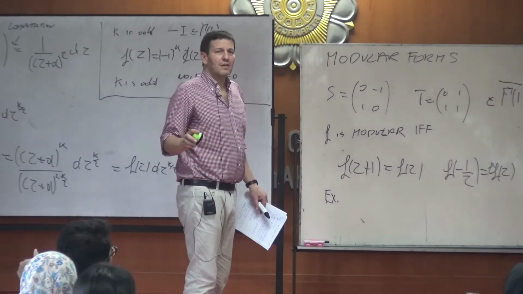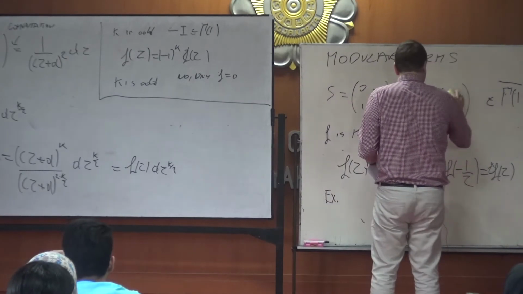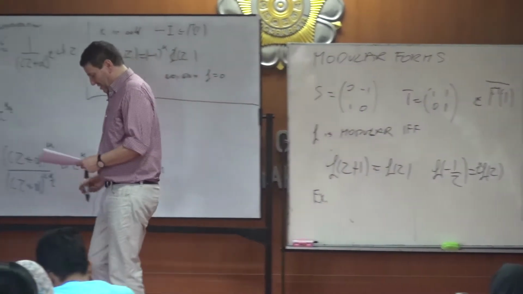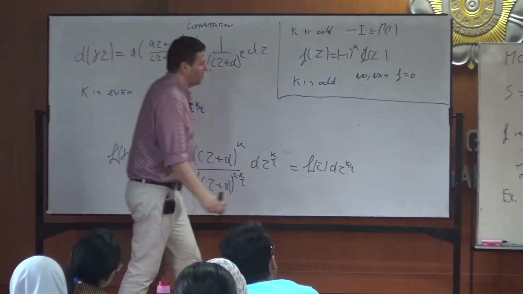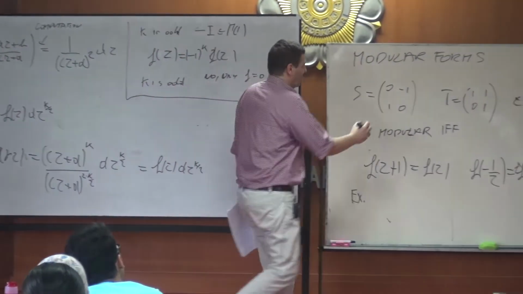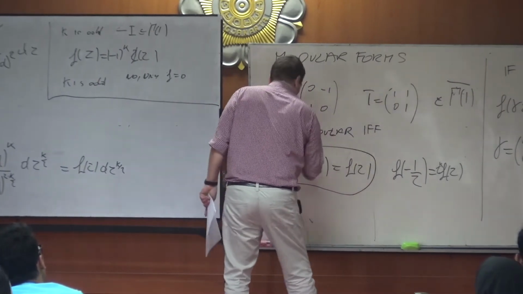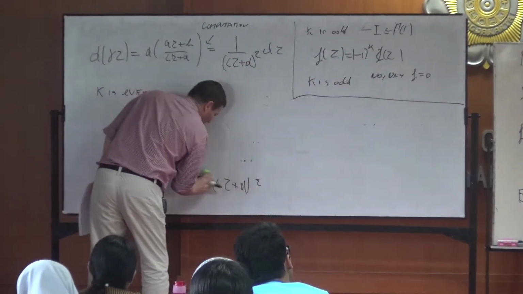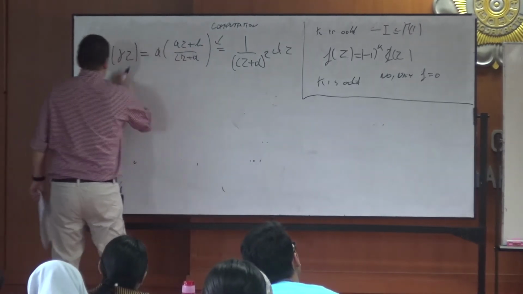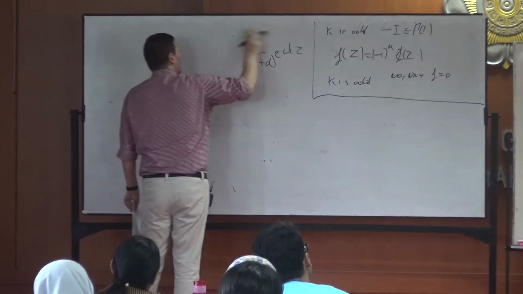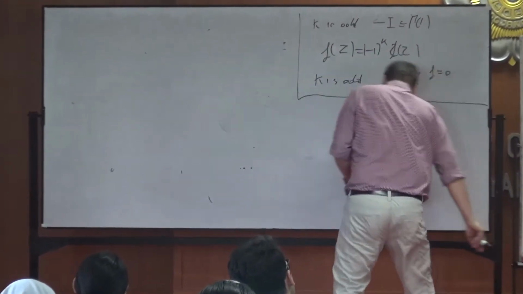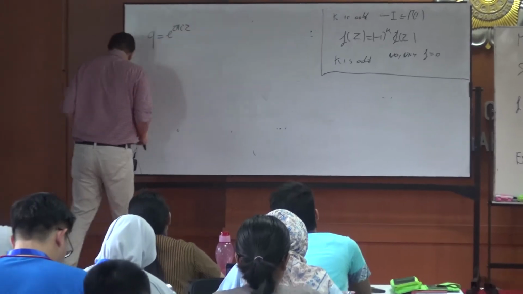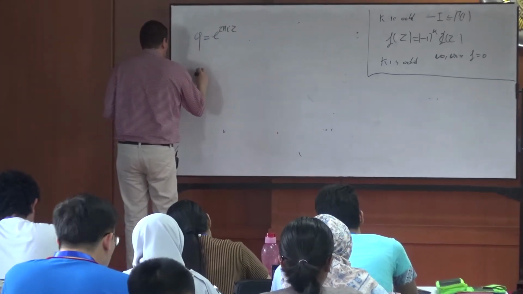The first condition is f of tau plus 1 equals f of tau. It tells you that you can express this in Fourier series, which means that you can use a new variable q equal to e to the 2 pi i tau, and you consider f tilde.